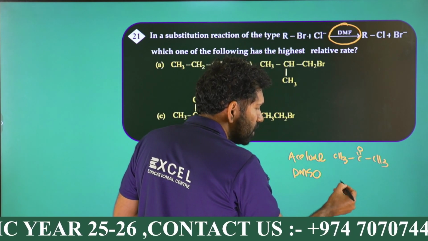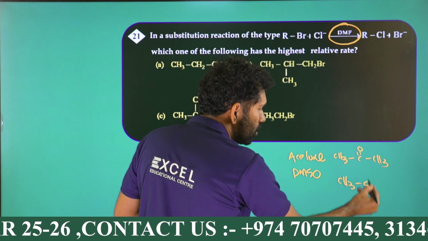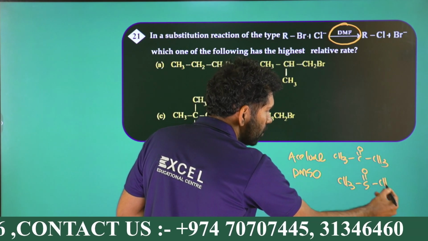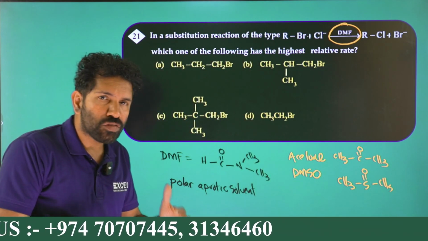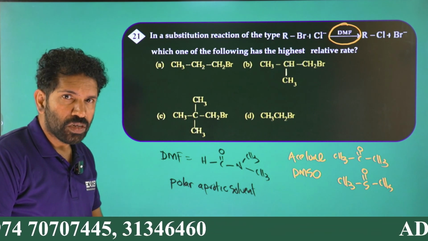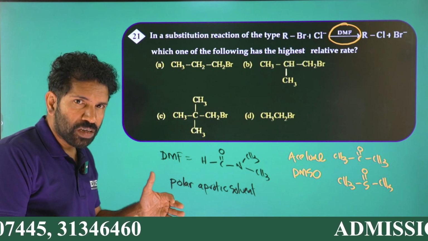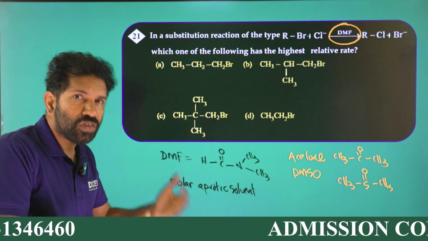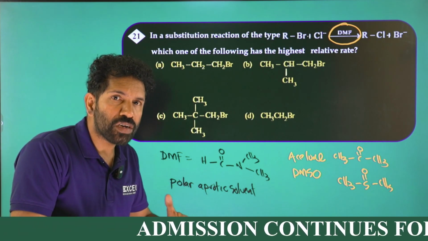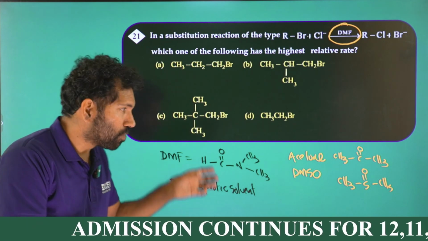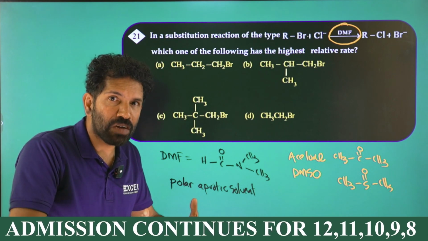Dimethyl sulfoxide is CH3, S double bond O, CH3. These are all polar aprotic solvents, solvents which cannot generate H+. So polar aprotic solvents favor SN2. Previously we studied that polar protic solvents favor SN1. Here polar aprotic solvents favor SN2.